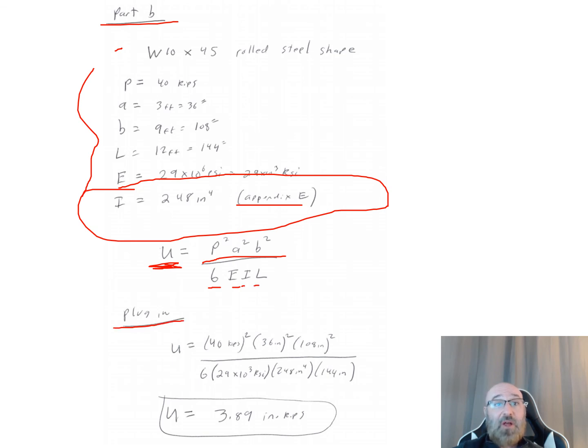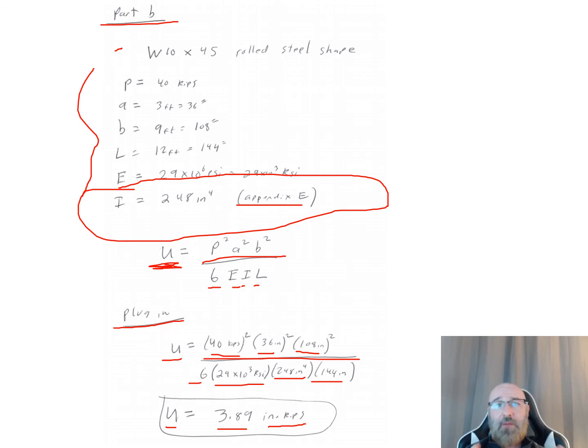Now we can plug in those values here, and we find that U is equal to, plug in for P 40 kips squared, plug in for a, which is 36 inches, squared, plug in for b of 108 inches, all divided by 6 times my modulus of elasticity times that value for I times now over here my value for L, 144 inches. We plug that all in, and we find that U is equal to 3.89 in units of inch-kips.